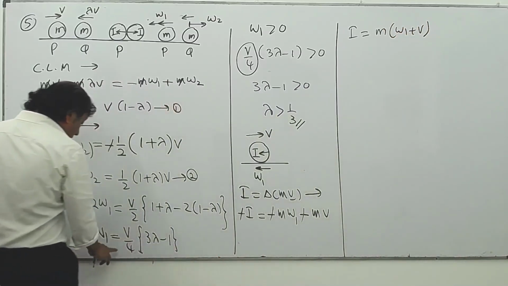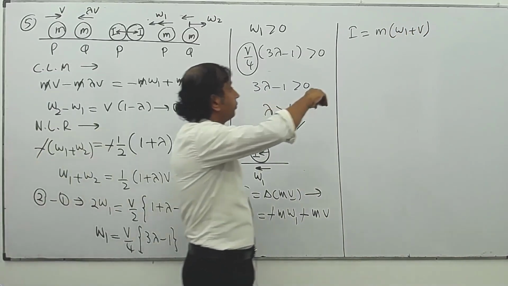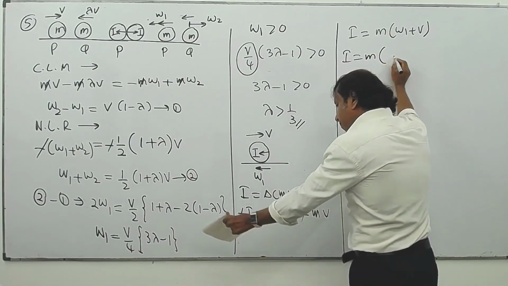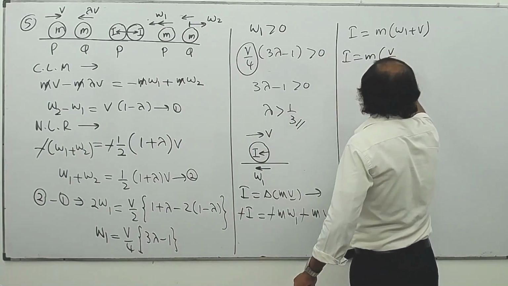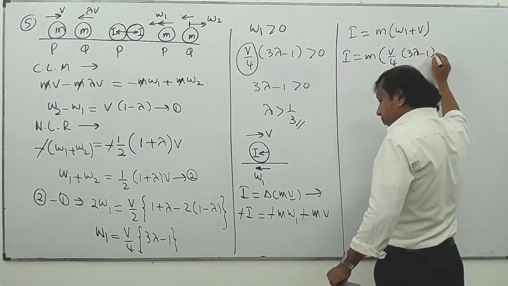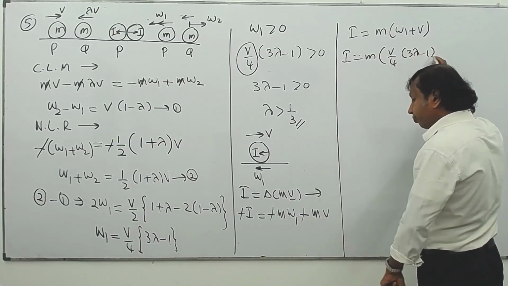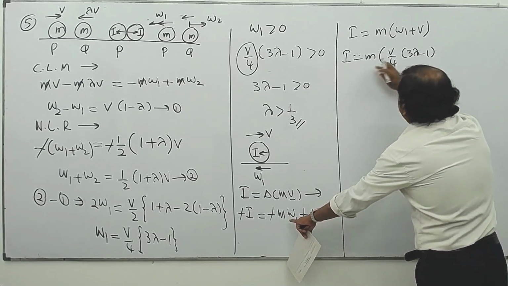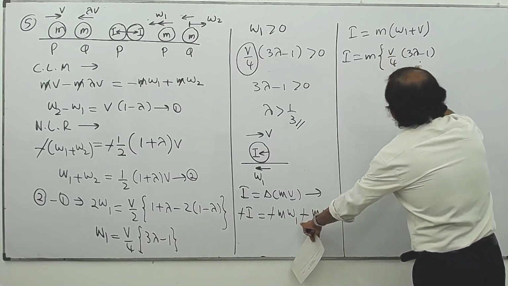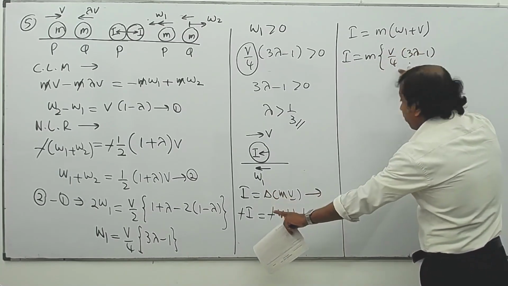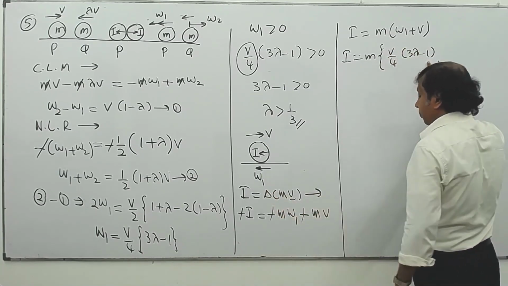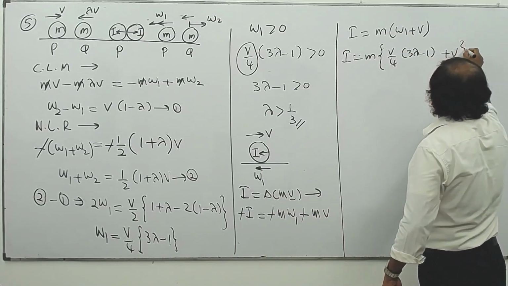Now substitute for W1. I equals m W1, W1 is v by 4 times 3 lambda minus 1. Correct, no? Here mv took out, W1 is v by 4 times 3 lambda minus 1, plus v, no? Because we cancel down these minus signs.